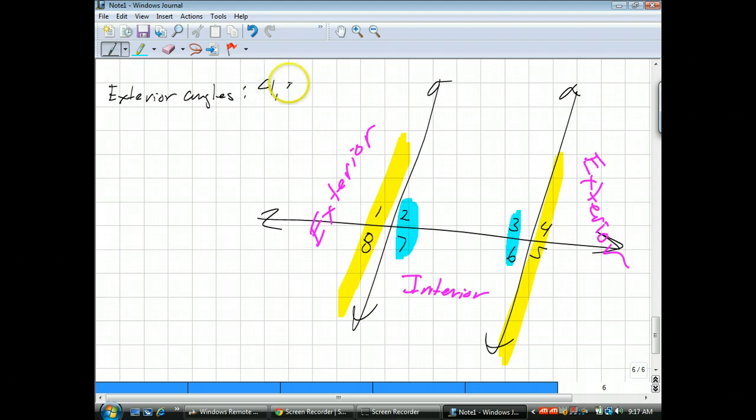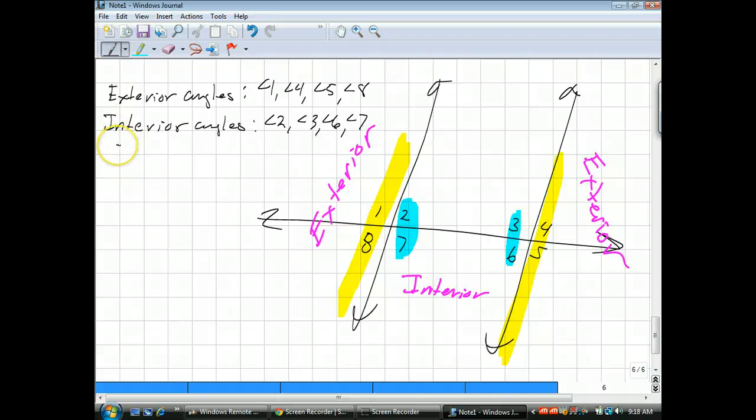So angle 1, angle 4, angle 5, and angle 8 are all exterior angles because they're outside of the two lines. Okay, the interior angles in my picture would be angles 2, angle 3, angle 6, and angle 7, because those are between the two lines.